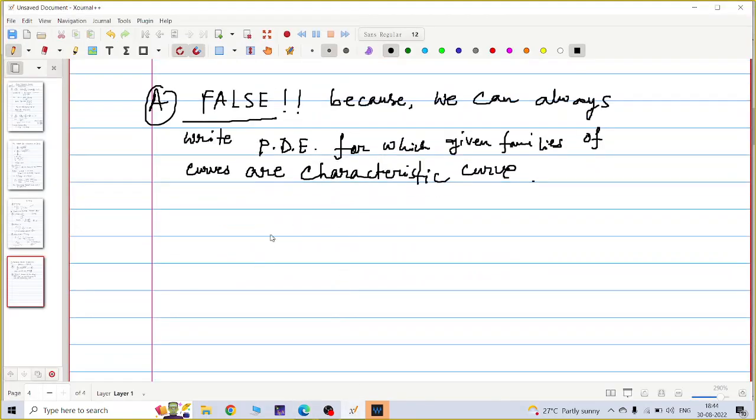Phi is ln y minus x and psi is ln y plus x. So you can write the differential equation, right? Just by differentiating this derivative.